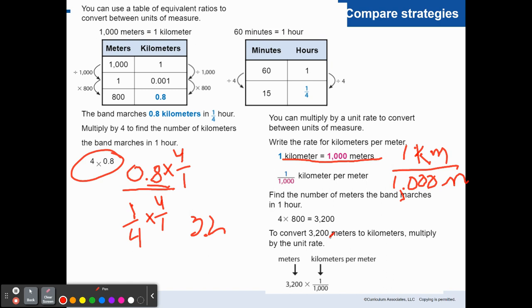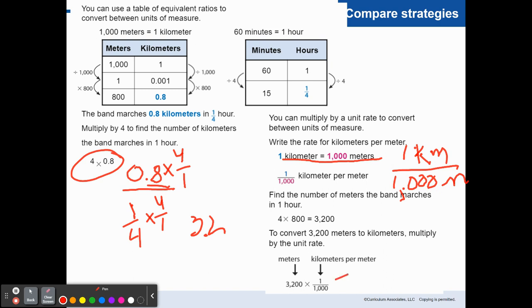And then convert 3,200 meters to kilometers, multiplying by that unit rate with the kilometers to meters. So lots of different strategies, lots of different ways to work the problem. As long as you still get to that same answer, then it's all good, right?